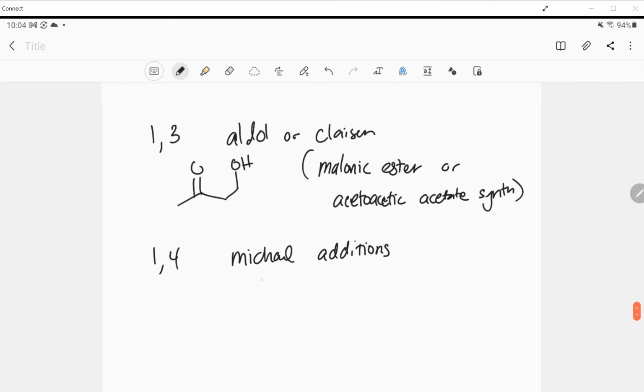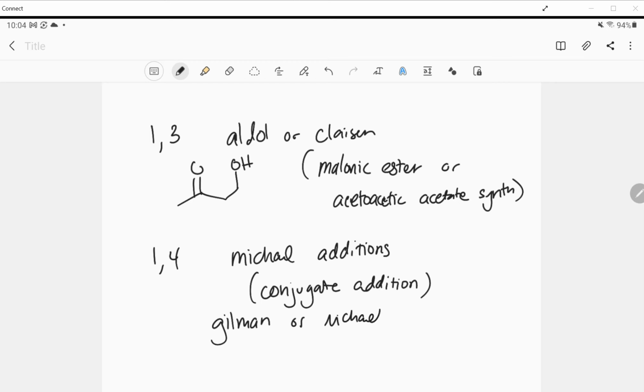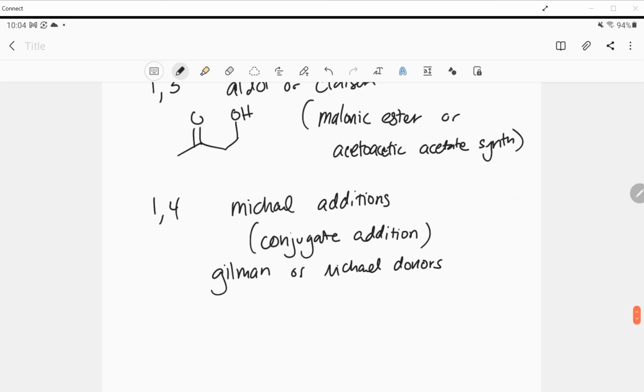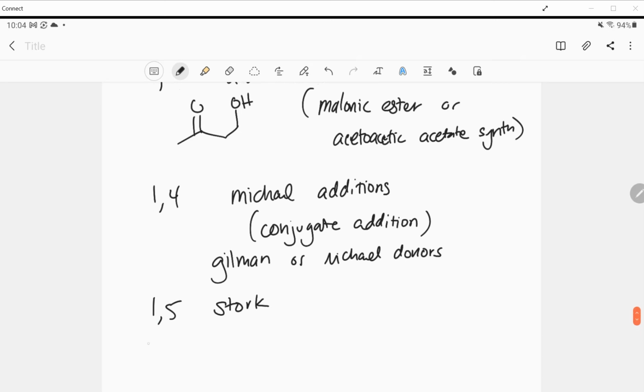Specifically, we're looking at conjugate addition, and that's going to be through your Gilman or Michael donors, other Michael donors attacking. And 1,5 is a Stork. And technically a 1,2 is just regular carbonyl attack. That would be like a Grignard.